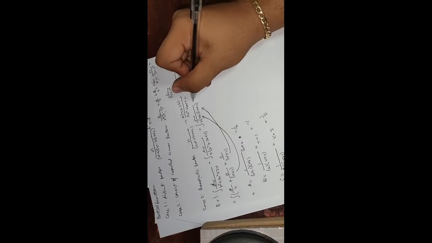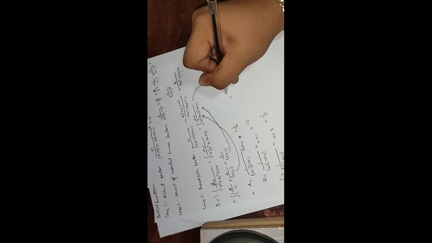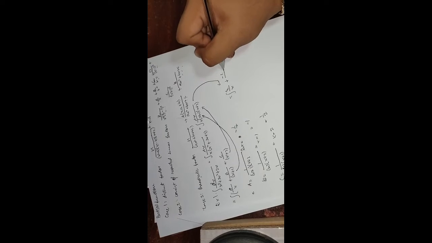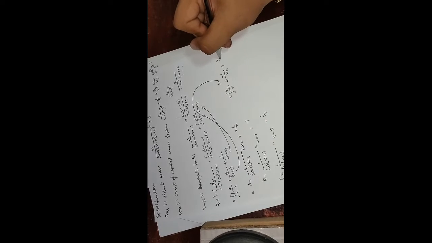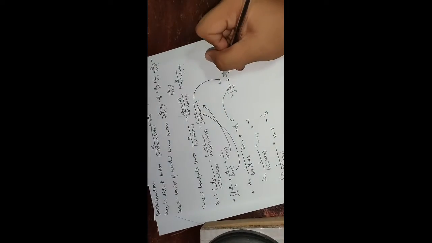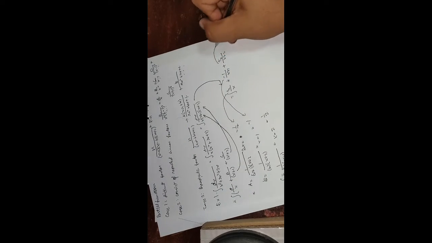So our answer now will become the integral of 1/2 over x plus negative 1 over x plus 1 plus 1/2 over x plus 2. The 1/2 is here, the negative 1 is here, and the plus 1/2 is here.